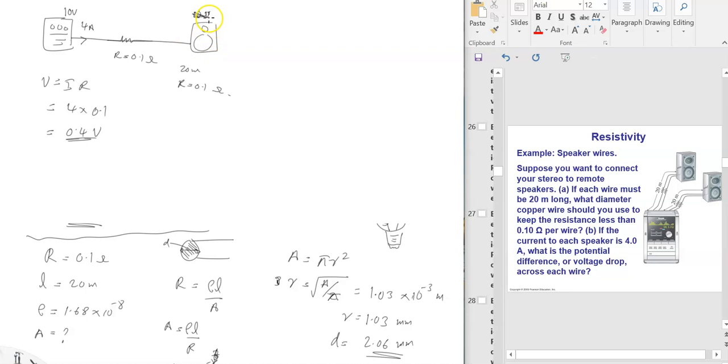So the actual voltage it receives is 10 minus 0.4, which is 9.6 volts. That's the idea of voltage drop. On the way from one place to the other, if there is resistance on the path, it's going to drain some voltage from the supply, and in this case it's taking 0.4 volts out. So that's the drop through the wires, and the speaker receives 9.6 volts.